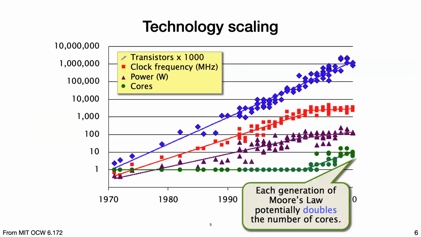And this is the increase in power as a function of time and the increase in cores. So you can see this is like about 2005 or so, but vendors started increasing the number of cores on their chip because of power limitations.